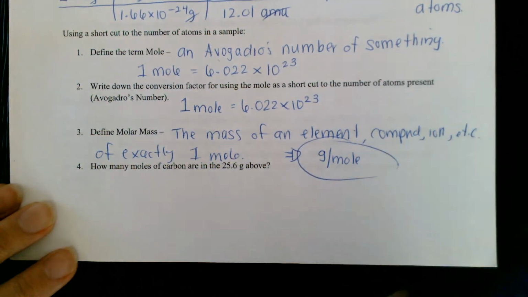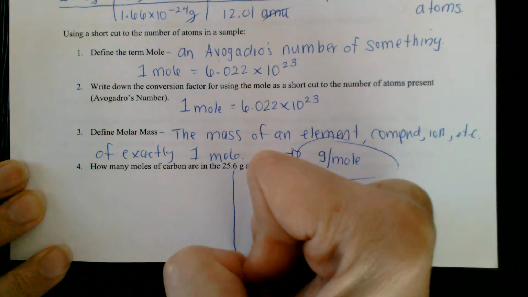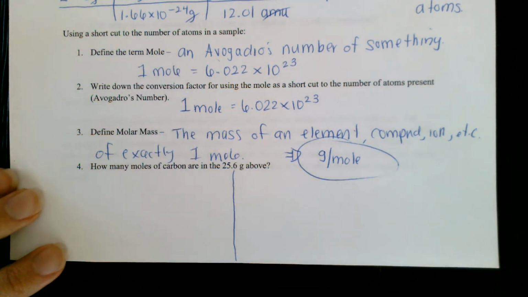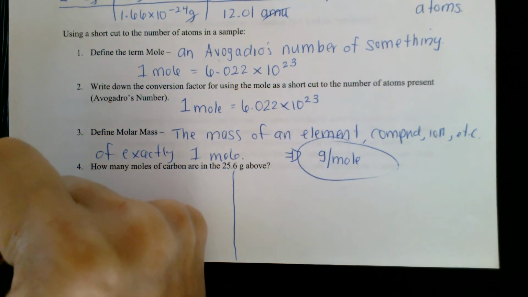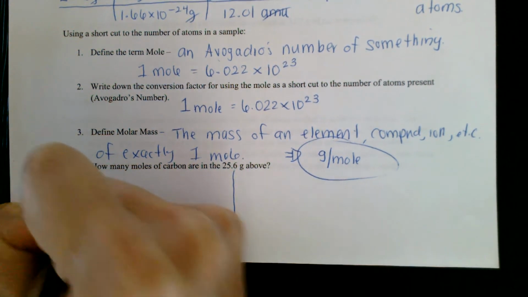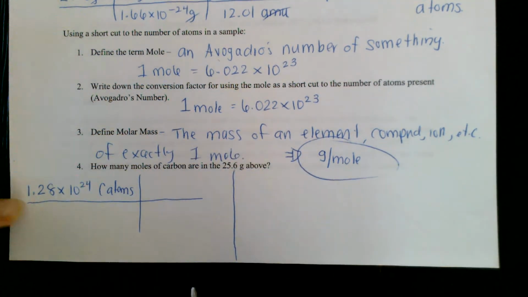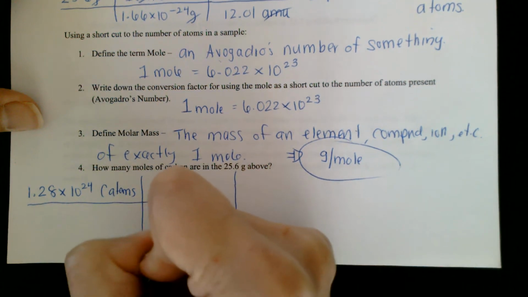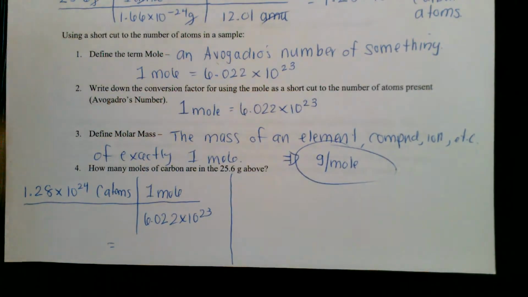Now, how many moles of carbon are in the 25.6 grams above? I'm going to do this 2 ways, using our definition of molar mass and our definition of the mole. The first way, we take our 1.28 times 10 to the 24 carbon atoms, and use the definition of the mole, where 1 mole is 6.022 times 10 to the 23rd.